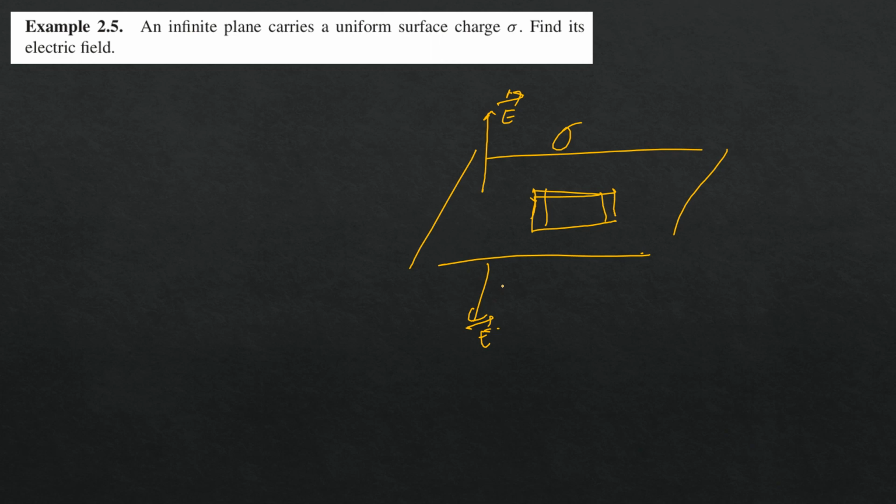Okay. So see here. E dS is equal to Q enclosed by epsilon naught.